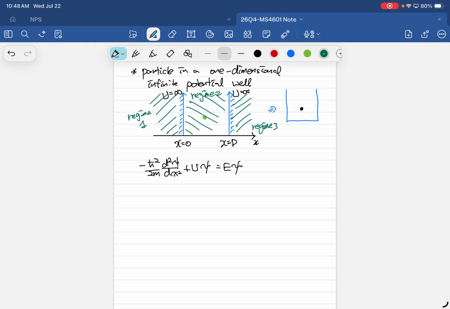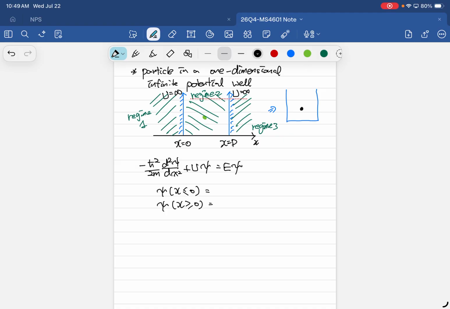So can you find it out? For example, psi of x for x less than or equal to 0, and psi of x for x greater than or equal to d. When we solve the Schrödinger equation for regime 1, we get the answer, and when we solve it for regime 3, we get the answer here. But what would this be?